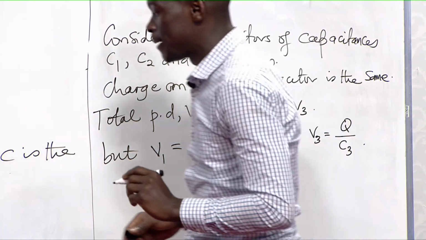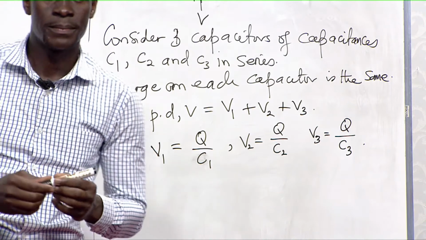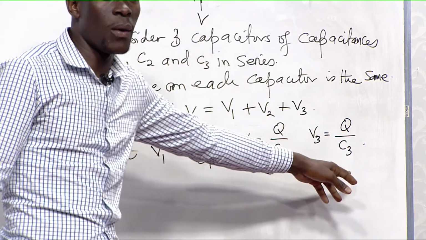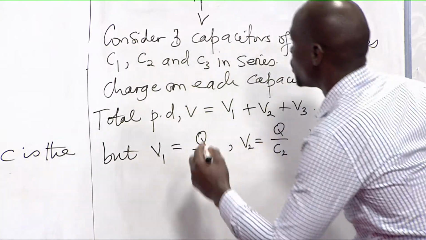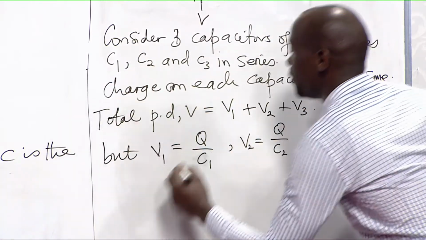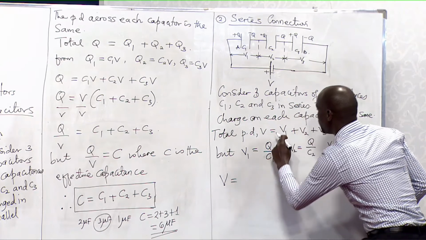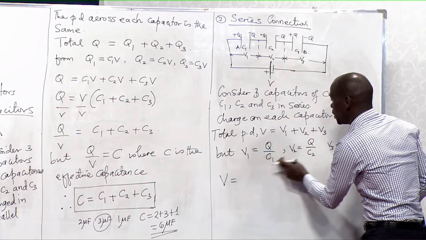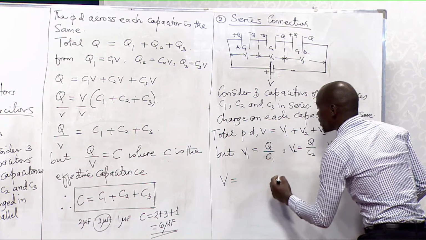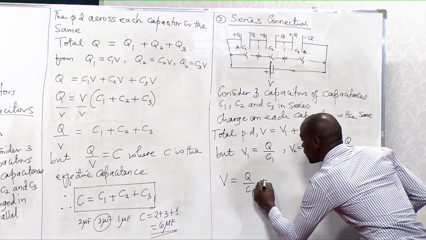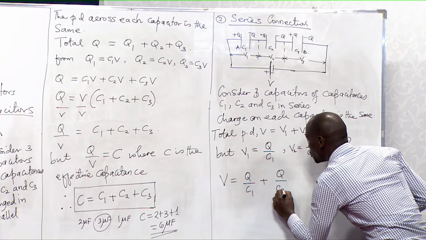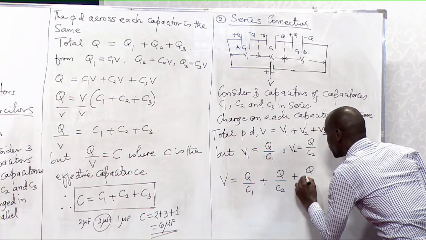So we go ahead and substitute this into our expression. And what does it become when we substitute? From V equal to V1 plus V2 plus V3, we shall substitute for each of the potential differences. We shall then have Q over C1 plus Q over C2 plus Q over C3.